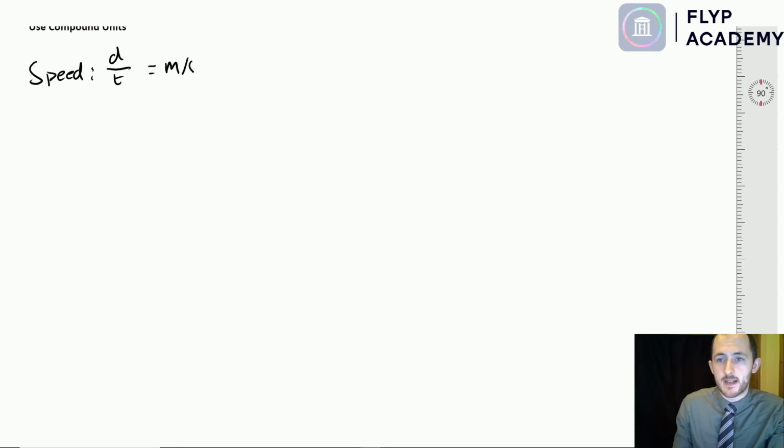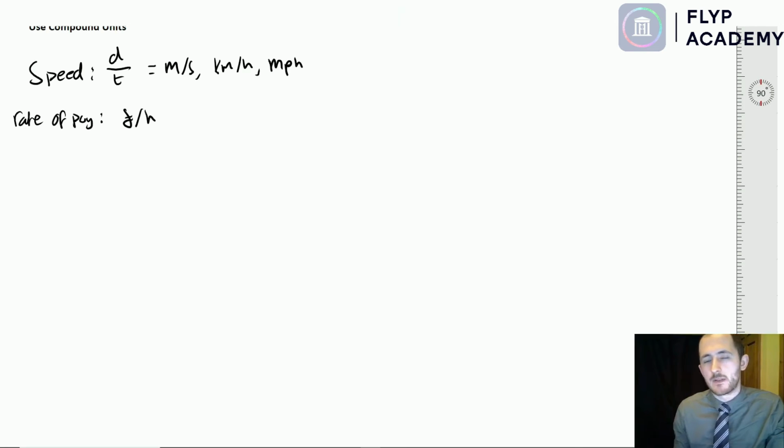You have meters per second, you have kilometers per hour, you also have miles per hour. You need to be able to use those units and convert between them. You have rates of pay, which is always just going to be basically pounds per hour or pounds per week or day or whatever.